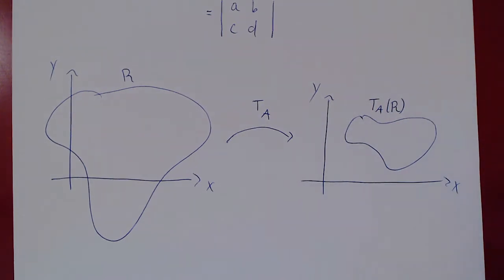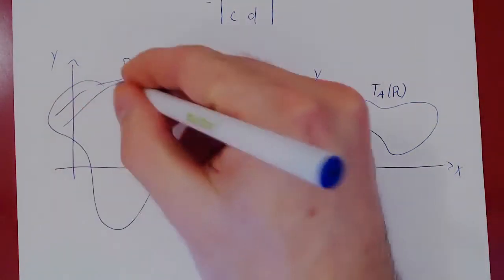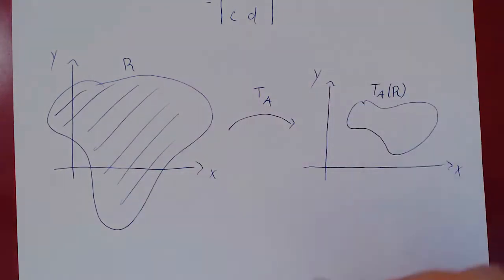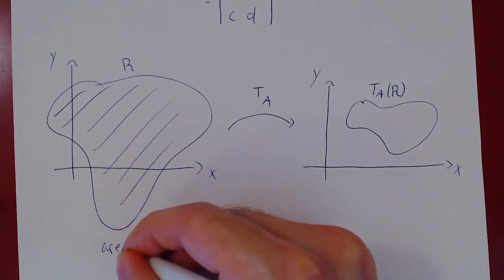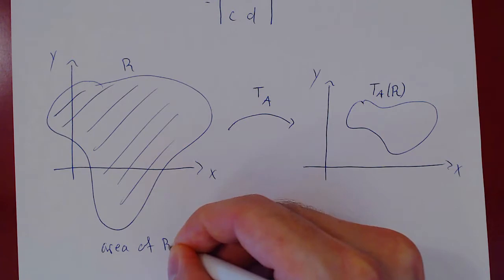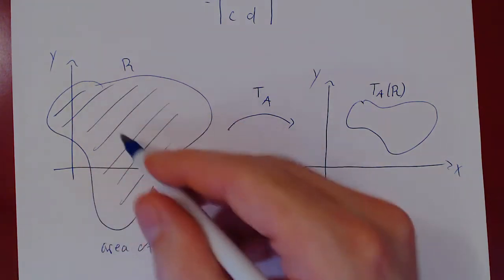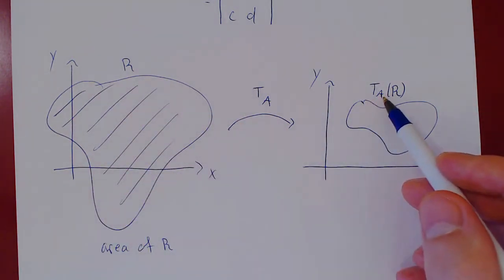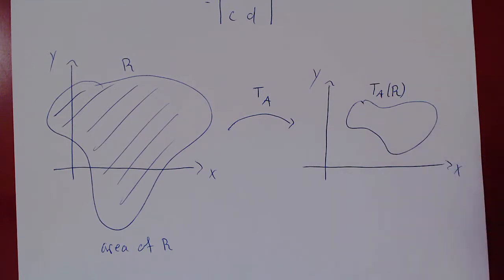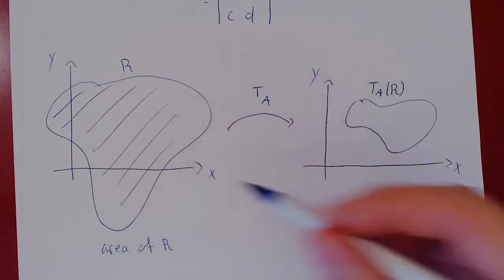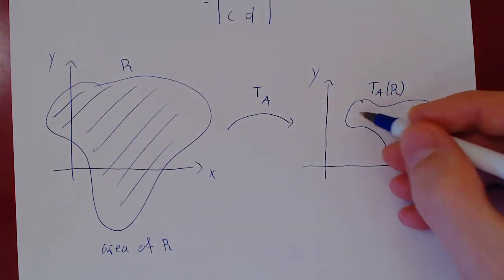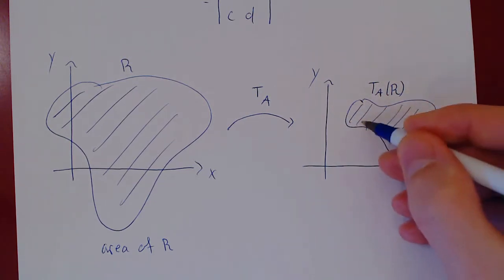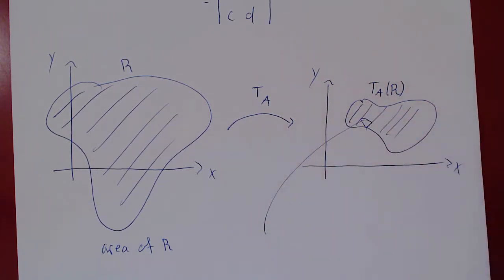And you might ask, well, okay, what if I know the area of R? You multiply every point in this region by A, you have a new region. And you might ask, well, if I know the area of this region, what's the area of this region? And the answer is remarkably simple.